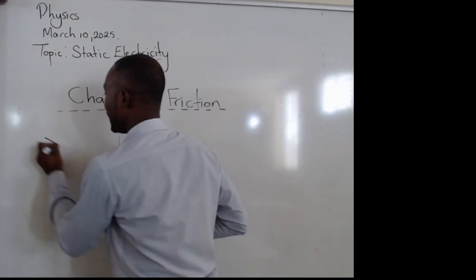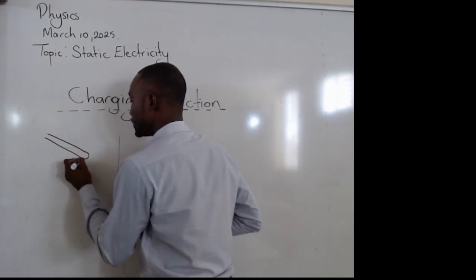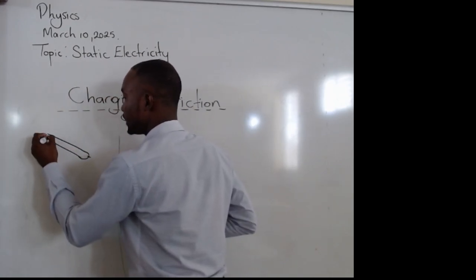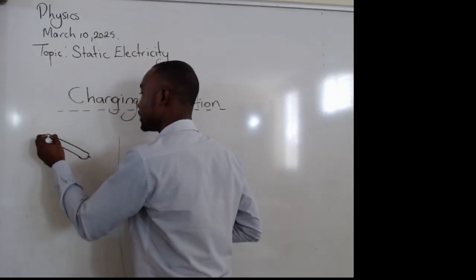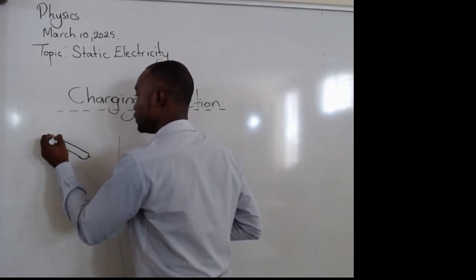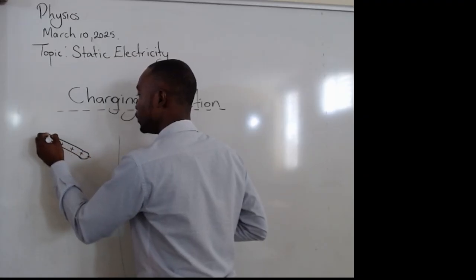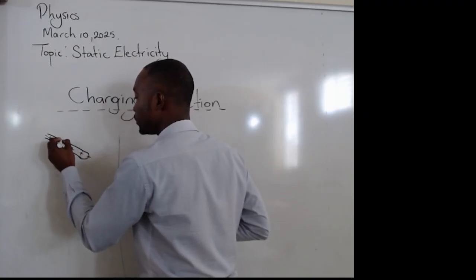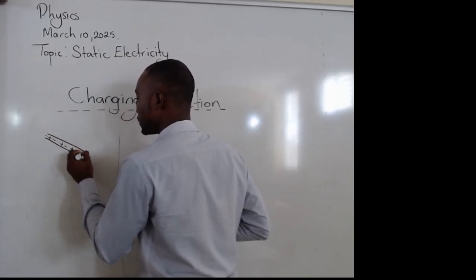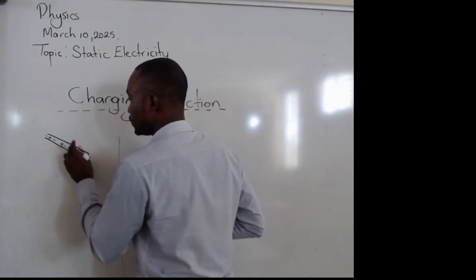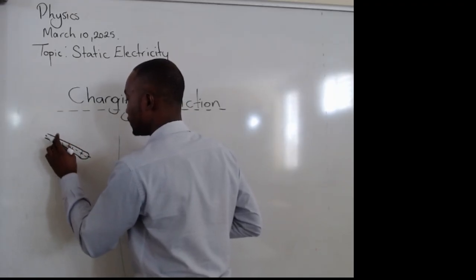Now that same pen that we just charged is negatively charged. It has a net negative charge, so more negative charges, more electrons than protons. 1, 2, 3, 4, 5.